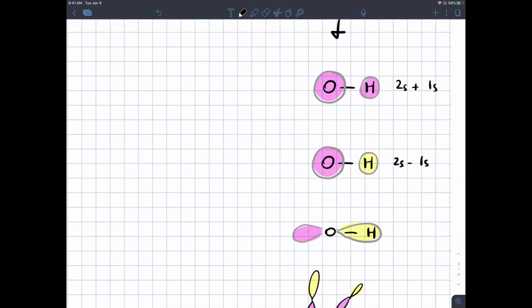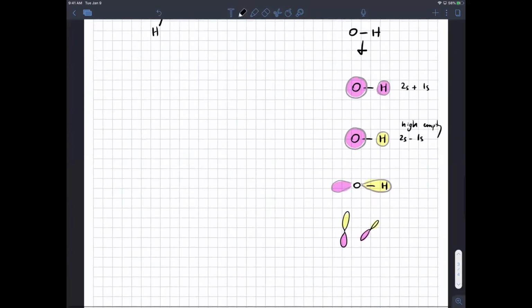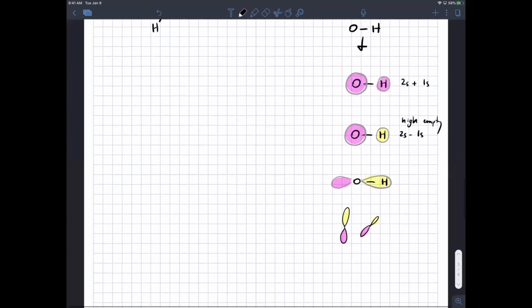So my guess is this is high and empty. So my guess is the ones we're going to worry about for making bonds are these 4. And so we have the 2s plus 1s, and we have the 2p plus 1s. My guess is, yeah, this is lowest because you've got s character. This is next because it's bonding, and then these are, yeah.